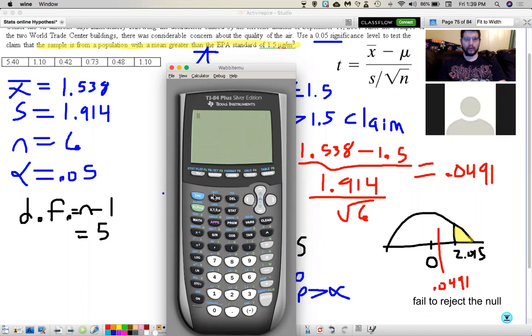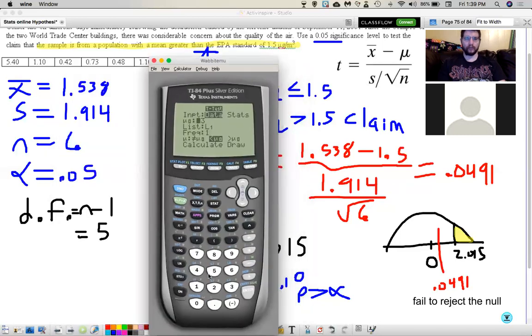So I'm going to quit out of there, go to stat, tests. It was a t test, number 2. I'm going to highlight data, hit enter. It asks for mu, that's 1.5. And I typed it in list 1, always keep frequency as 1. It's a right tail test. You get that from the alternative every single time.